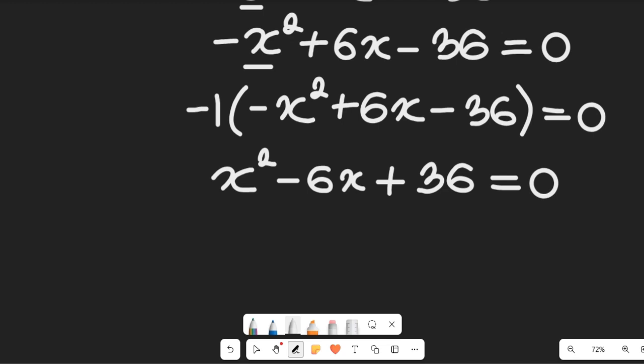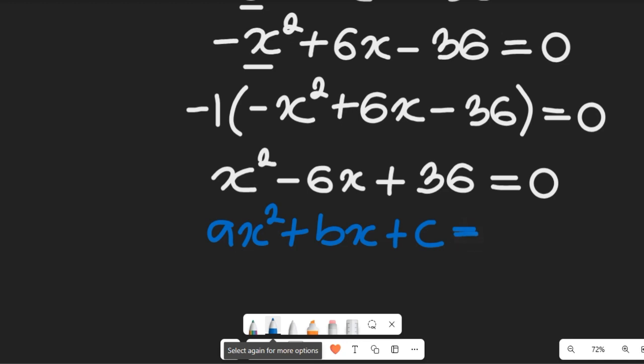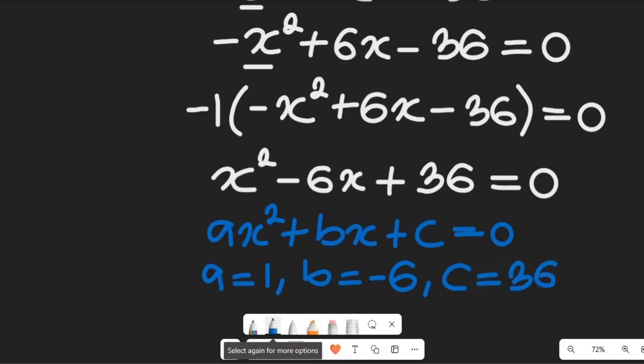So this is typical of a quadratic equation. If we compare this with ax squared plus bx plus c equal to 0, you come to see that a is equal to 1, b is equal to negative 6, and c is equal to 36.